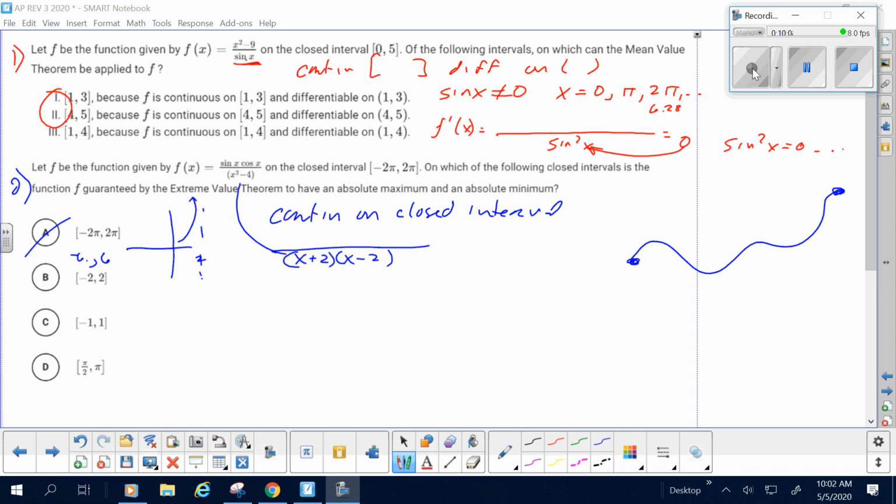Negative 2 to 2, that's awesome, but it is inclusive of the endpoints, and I don't want to include the endpoints because I have asymptotes at 2, and so if I included 2, it would not ever reach a maximum or a minimum. Negative 1 to 1, that's good because it does not involve those asymptotes, so I think we're cool there. And this is like 1.5 to 3, so it's got a vertical asymptote at 2 in there. That's no good, so it's C.